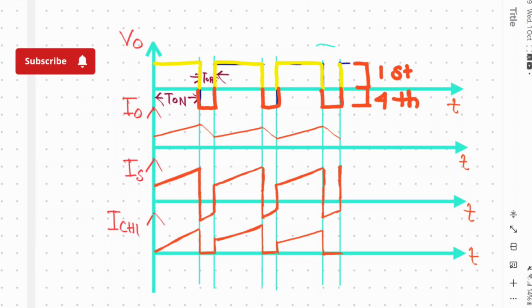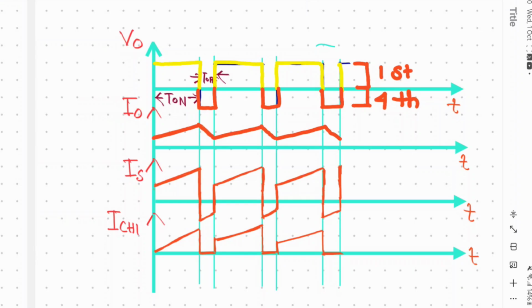Similarly, if we see the current waveform, as one inductor is connected in the load, the current will increase slowly, and when it discharges, it will decrease slowly. Again it will charge slowly and discharge. So these will be the current waveform for the output current.